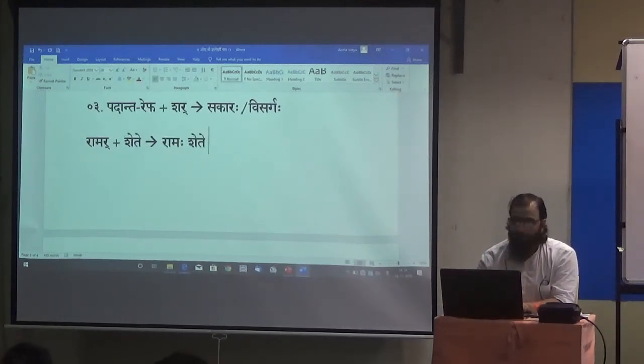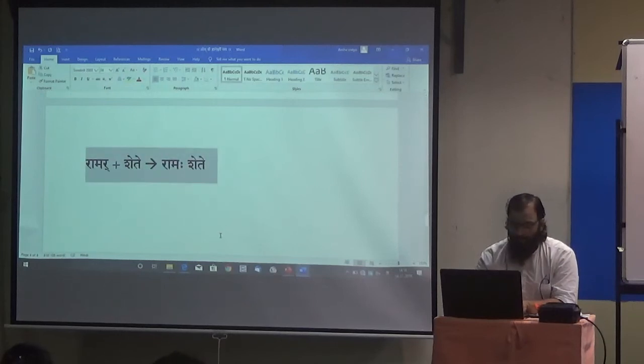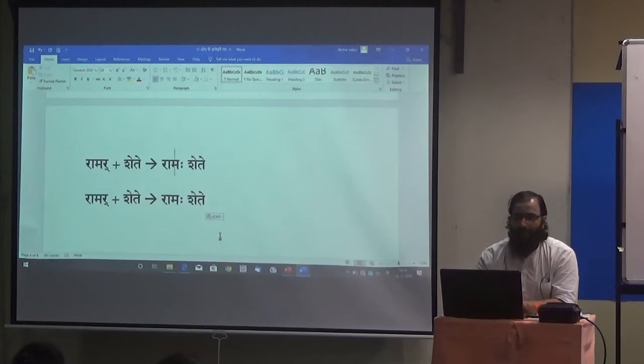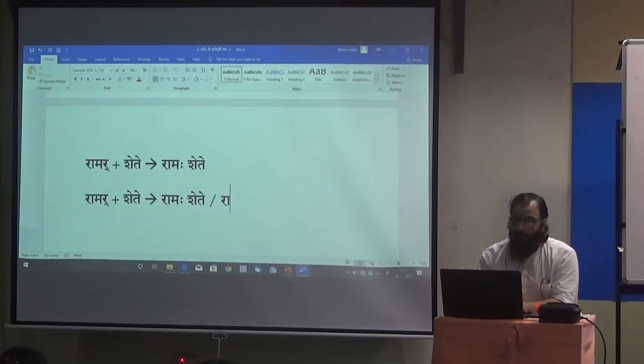One possibility. Or, let me take example here. Ramaha shete. Padanta Repa becomes Visarga. This is taking the Shakara as a Kar letter, being a part of Kar, but Shakara is a Shar letter also. Therefore, what happens? Visarga may remain as it is, the Visarga may be born because the condition fulfills the previous rule, or the Visarga could be replaced by Sakara.